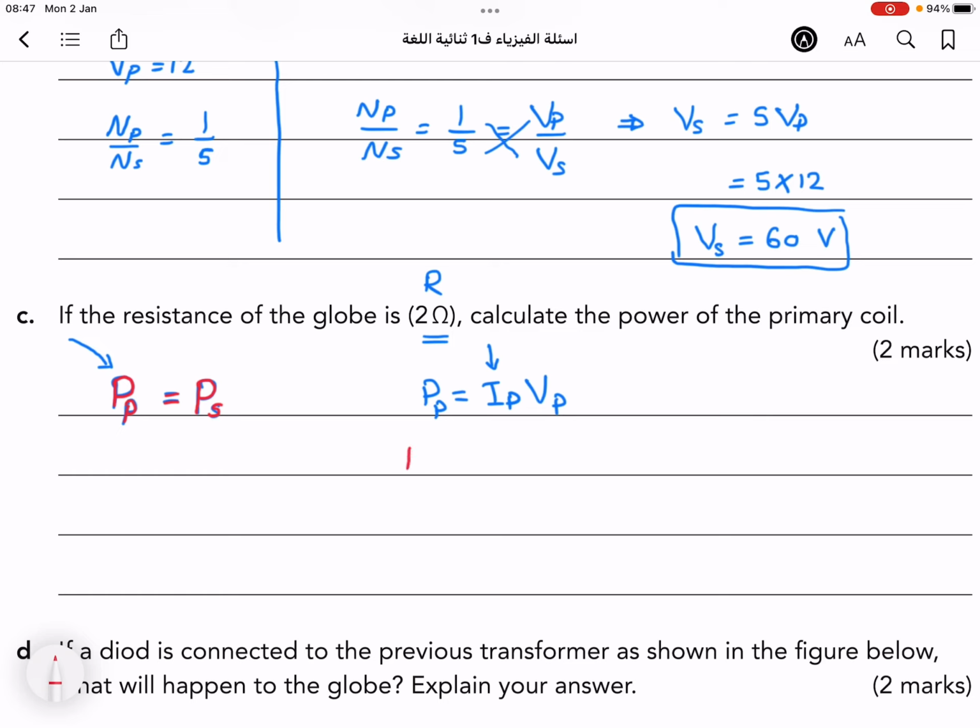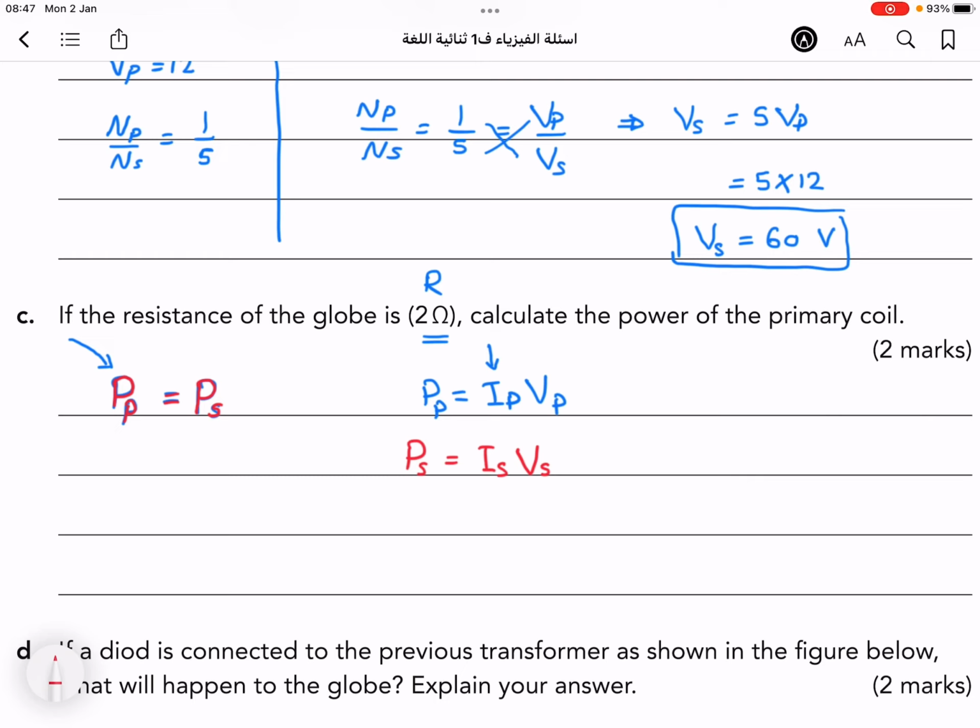So the power in the secondary coil equals IS, the current in the secondary coil, times the VS, which is the voltage in the secondary coil. Again, I don't have IS, but I have the resistance in the secondary coil.